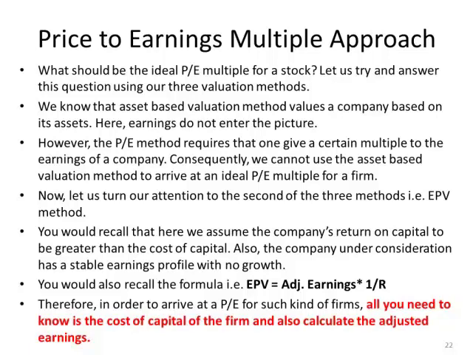And that's actually equal to 1 divided by the cost of capital. So if we believe the EPV assumptions, that the company has a higher return on capital than the cost of capital, and a stable earnings profile with no growth, we essentially have the reciprocal of the cost of capital as the ideal PE ratio.